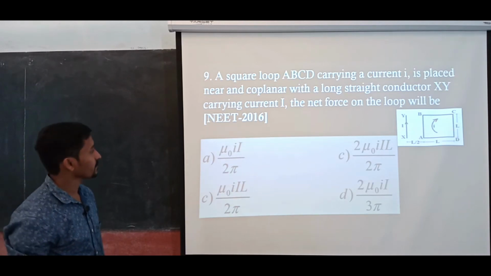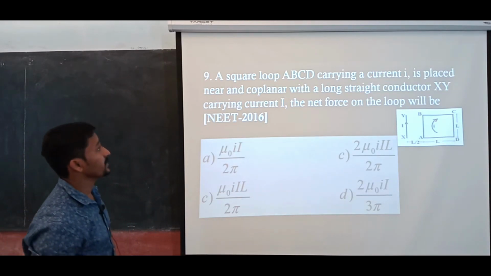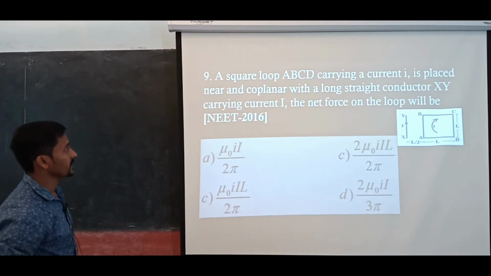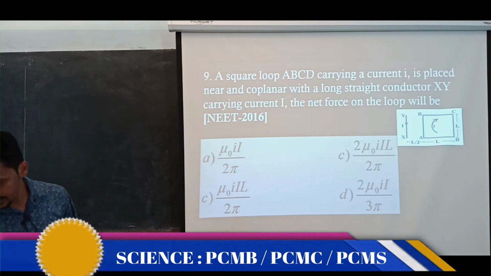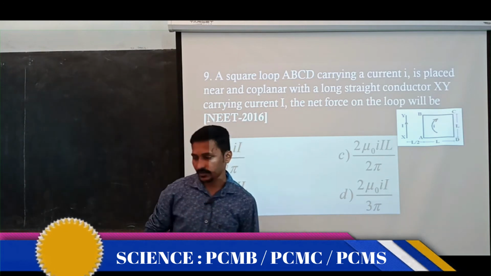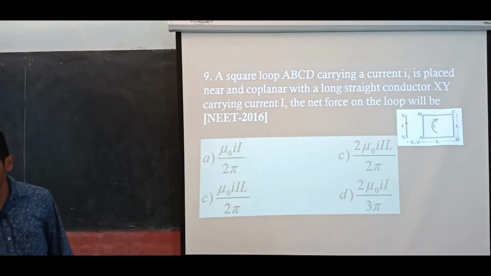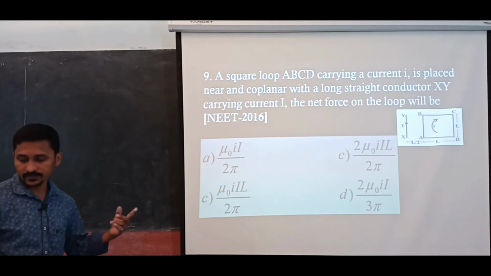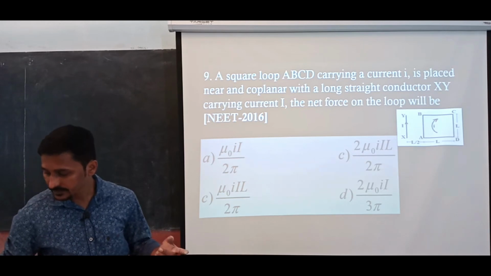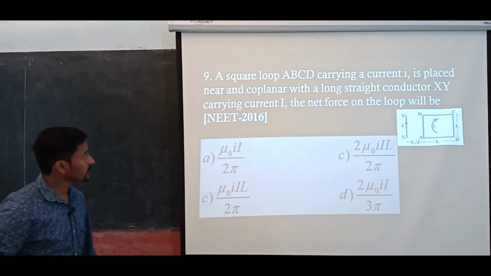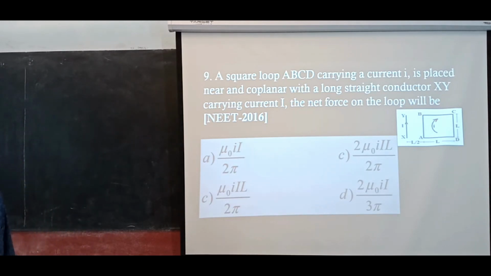So what it says: a square loop ABCD carrying a current I is placed near, and coplanar with, a long straight conductor XY, as shown in the figure, right?